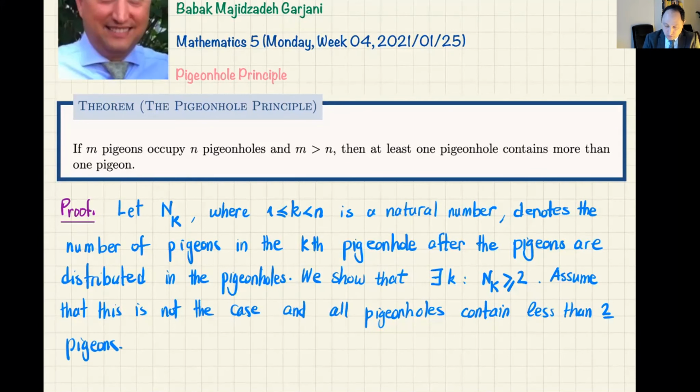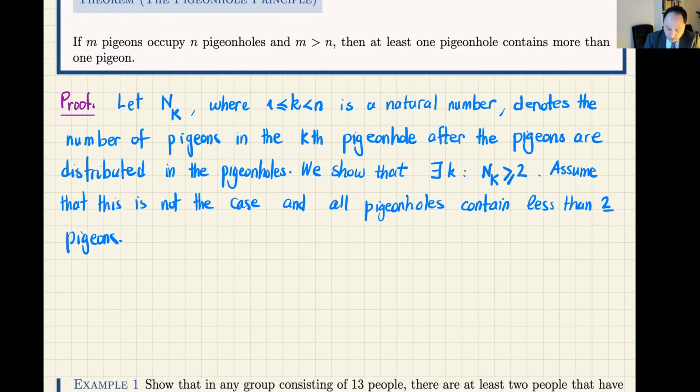Is that clear? I want to show that there is at least one pigeonhole containing at least 2 pigeons. If this is not the case, it means that all pigeonholes contain less than 2 pigeons. Yes, and therefore, what happens?